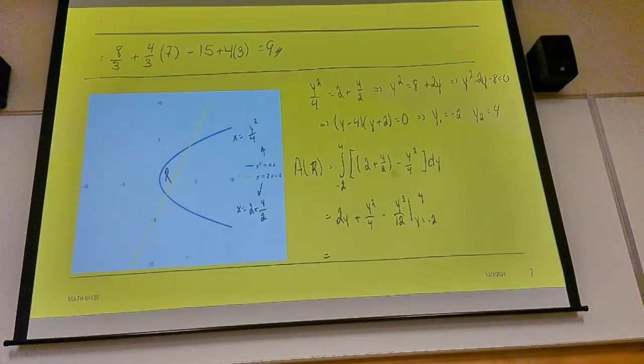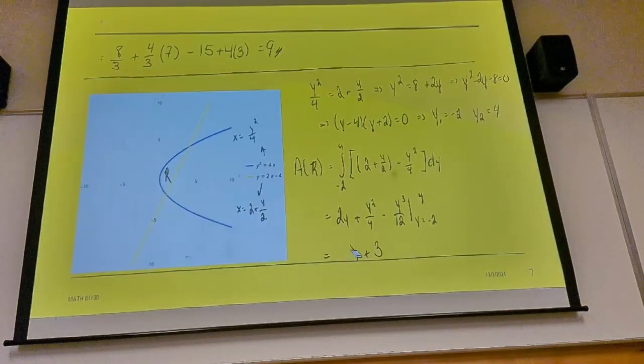4 minus negative 2. Four squared, negative 2 squared. 16 minus 4, 12. Oh, look at that. 12 over 4. This is 3.